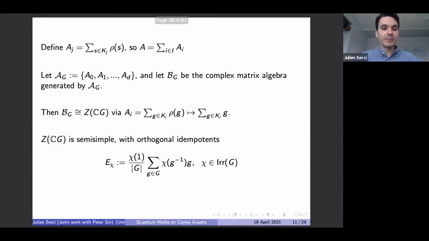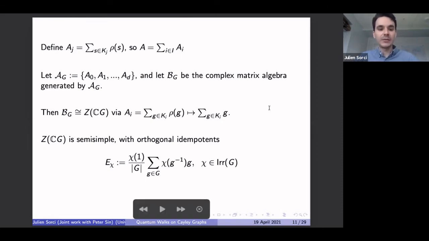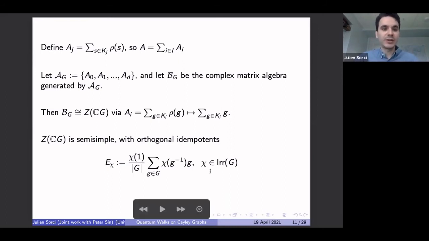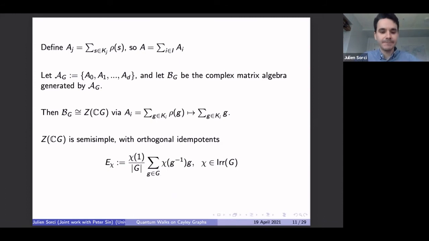And now this is great because the center of the complex group algebra is well known to be a semi-simple algebra. And it has this set of orthogonal idempotents that are afforded by the irreducible characters. So the characters are doing a lot of work for us. Namely, if we take a character chi, then it gives us this idempotent that we'll call E sub chi, which is this big weird sum lying in the group algebra.